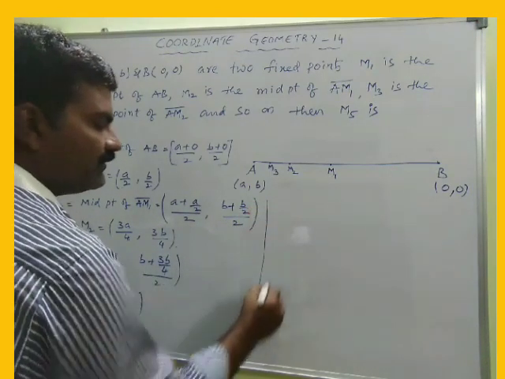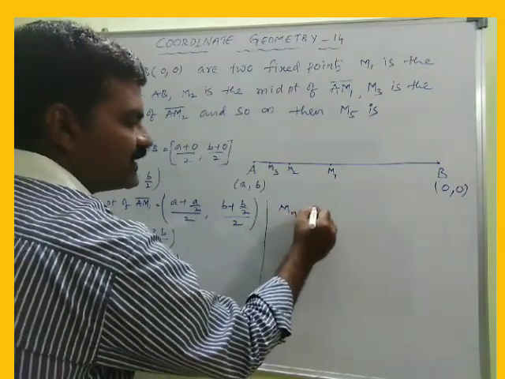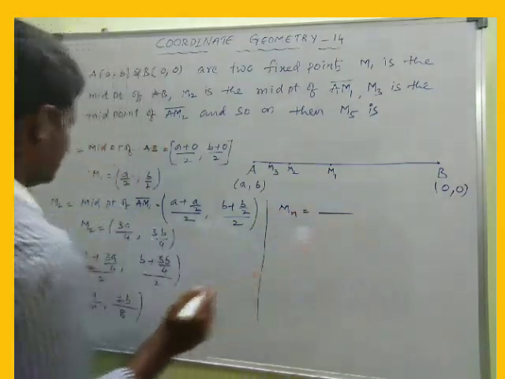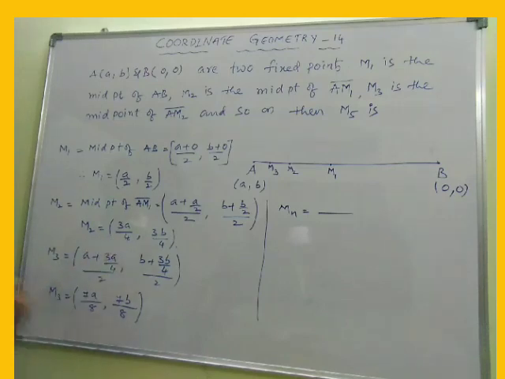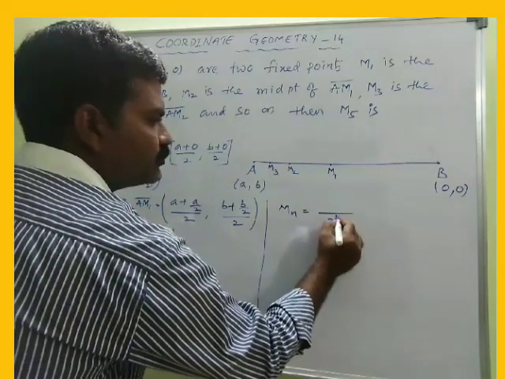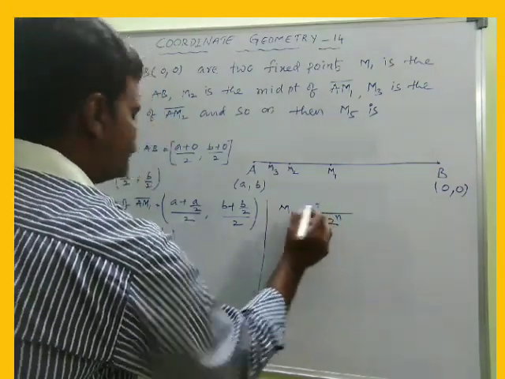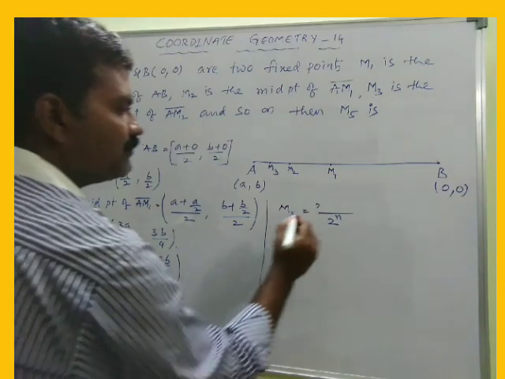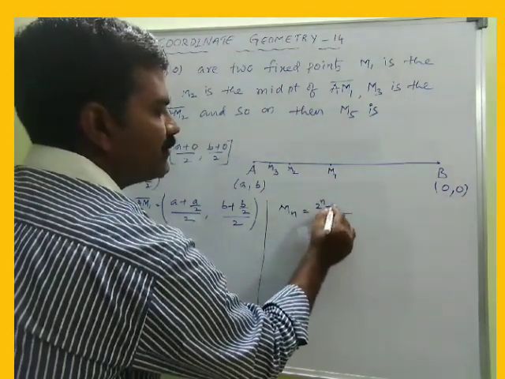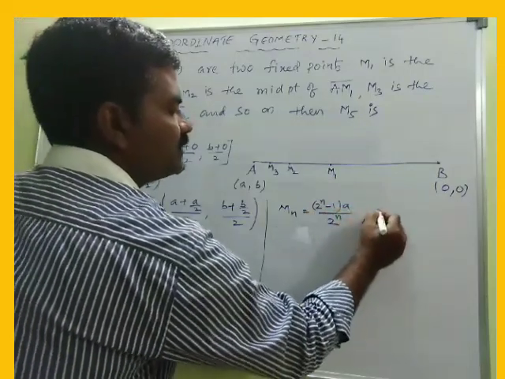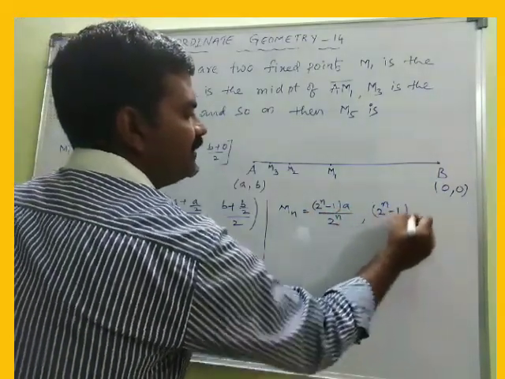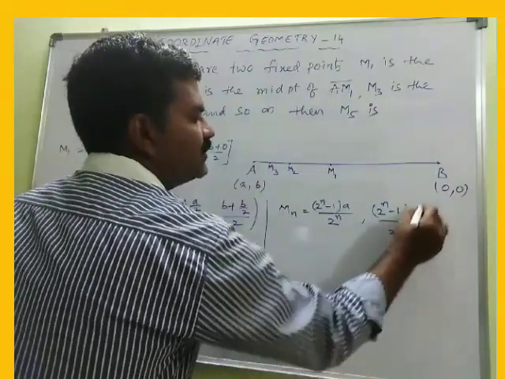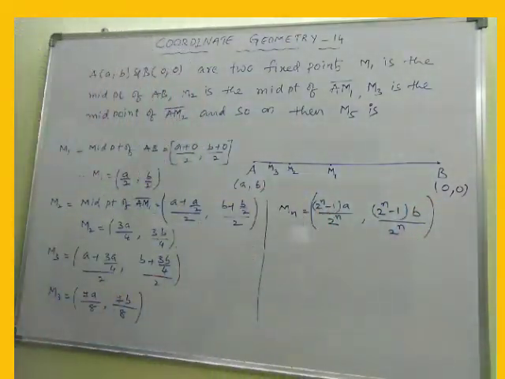Hence, the formula for Mn: the denominator should be 2 to the power of n and the numerator should be 2 to the power of n minus 1 into a, similarly 2 to the power of n minus 1 into b, whole divided by 2 to the power of n. So this is the sequence that they are following.